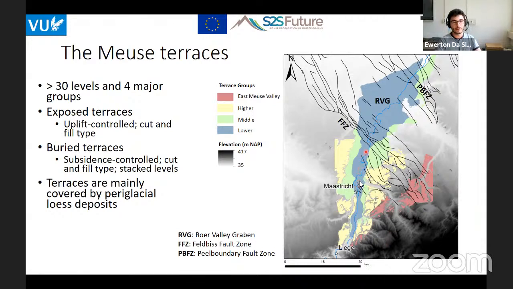If we go downriver of Maastricht, we eventually reach the Roer Valley Graben. As the name suggests, this is a subsidence-controlled area, bounded by the Peel Boundary fault zone and the Feldbiss fault zone. The terraces here are mostly buried, and sometimes stacked upon each other.